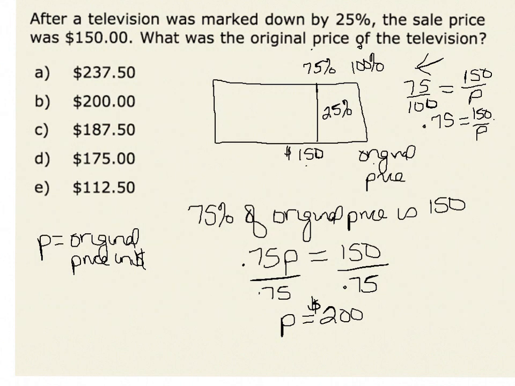If I multiplied both sides by my original price, I would get to my equation 0.75 times P is equal to $150.